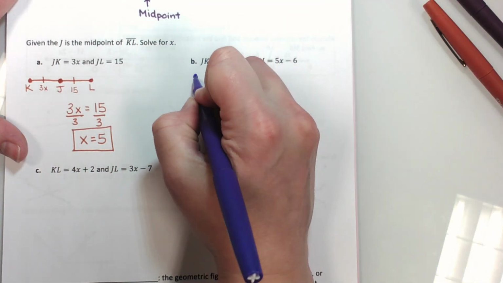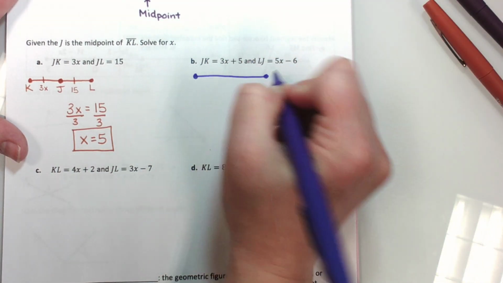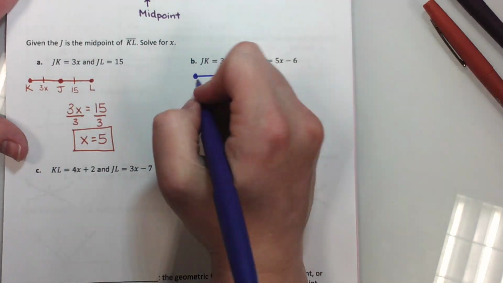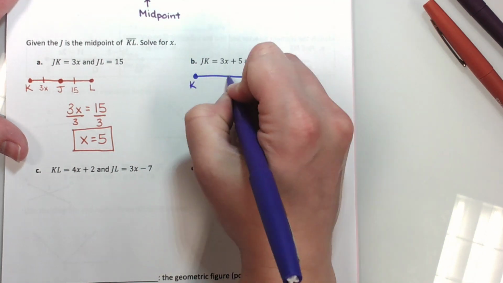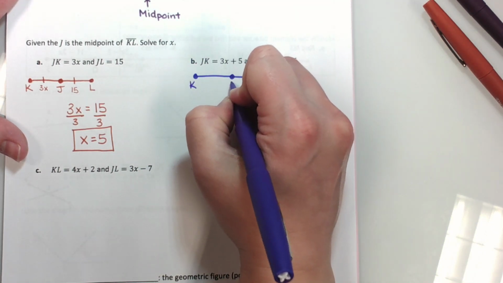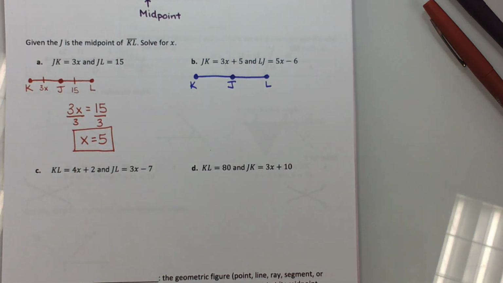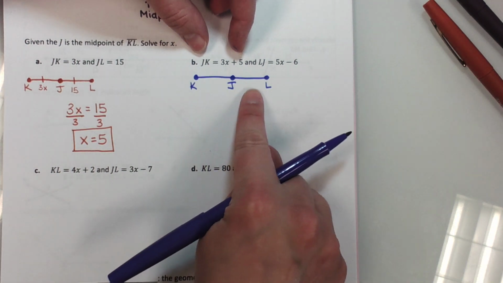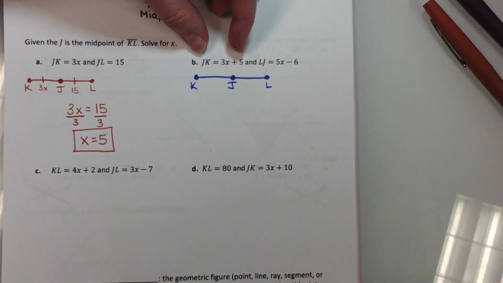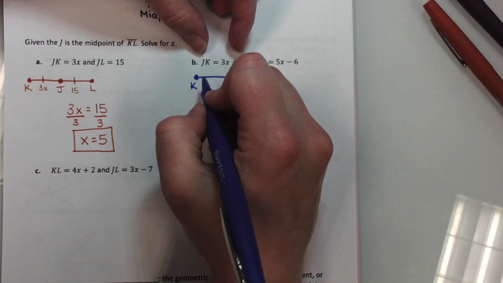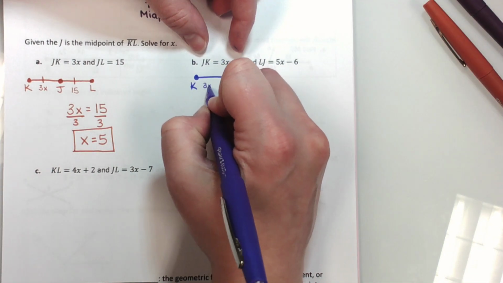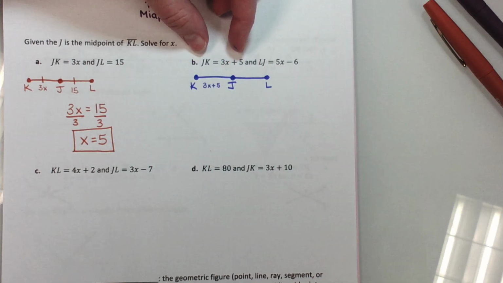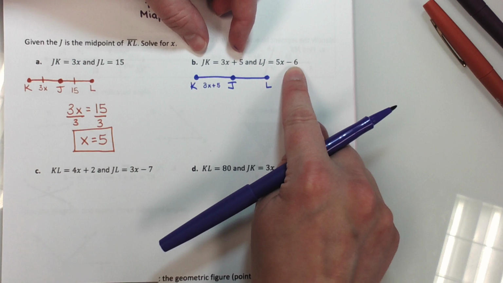Each of these instructions sit under the same thing. J is the midpoint of KL. So my picture, for the most part, is going to start off looking the same. I was given JK again. Was JK the left half, the right half, or the full thing? The left. Yeah, left. 3x plus 5. LJ.